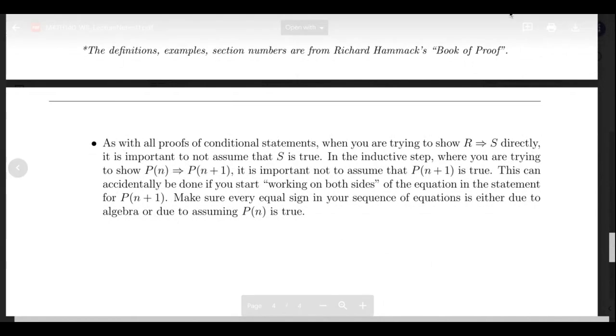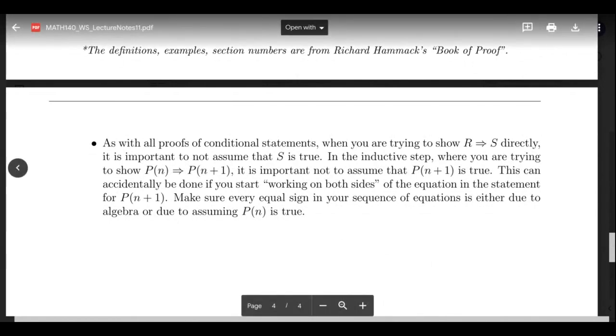Okay, let's read her remark. Yeah, this step is always first. We assume P of n. The first step is to show it's true for P of 1.